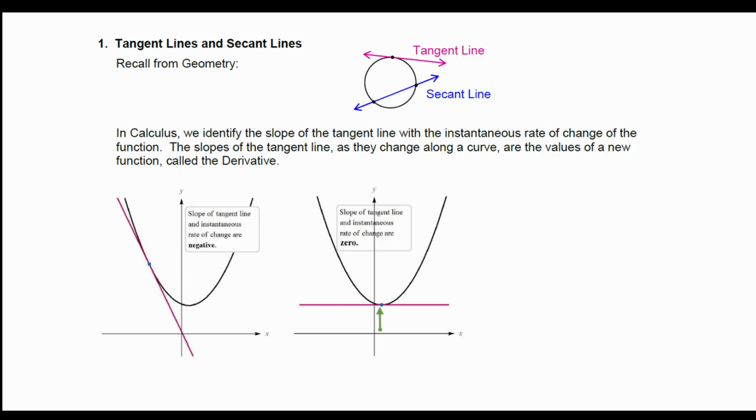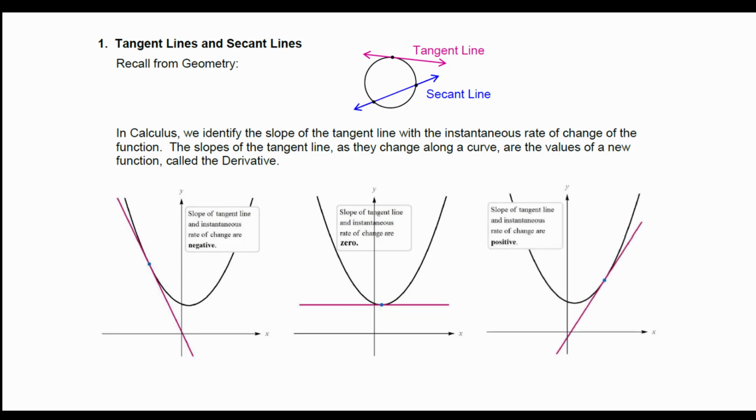Now, the tangent line at this particular x that looks like the vertex of this parabola is a horizontal line. And you know a horizontal line has a slope of 0. So at this particular x, the instantaneous rate of change of this function is 0 because the slope of the tangent line at this x is 0.